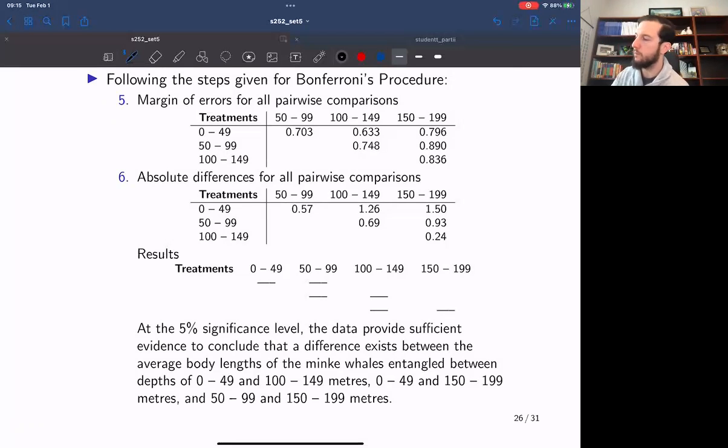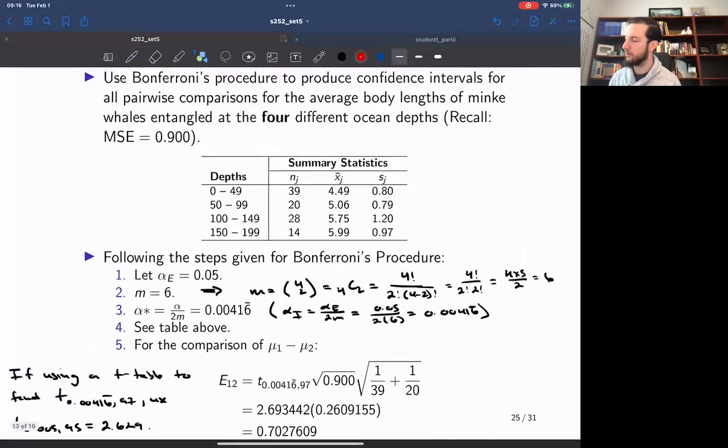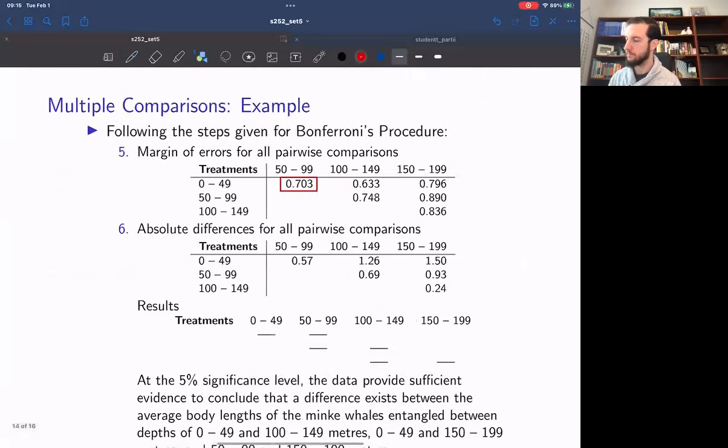So we looked at an illustration of the first comparison, right? We showed on the previous slide where 0.703 came from. So we have here E12, 0.703, is the comparison of 0 to 49 to 50 to 99. It's the same process for the other means as well.